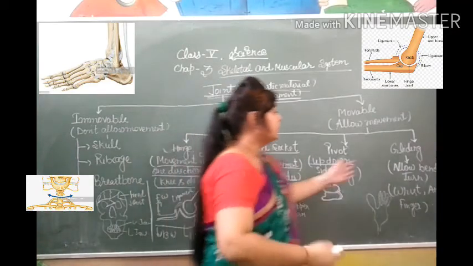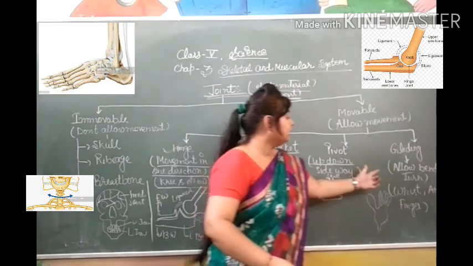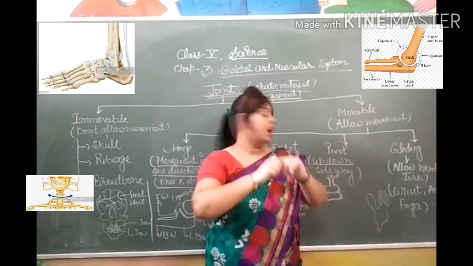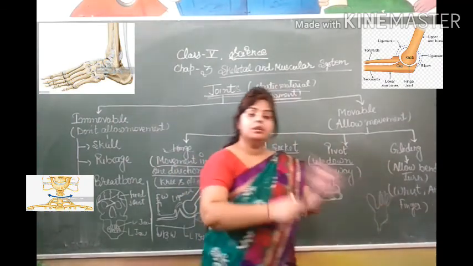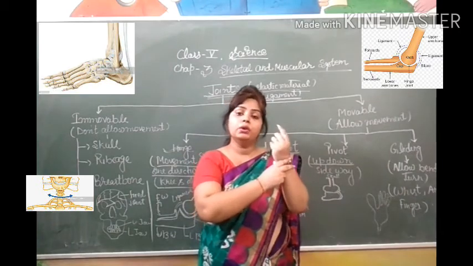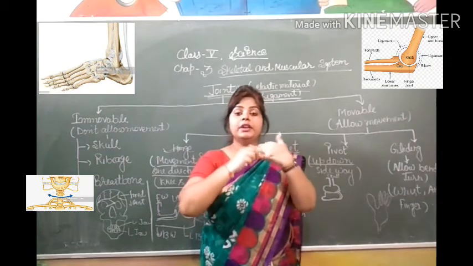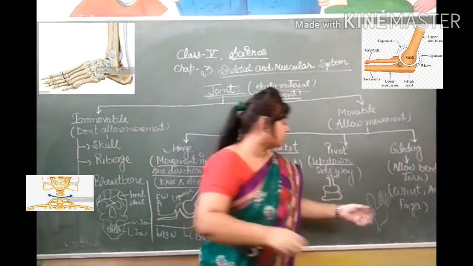Next one is gliding joint. Gliding allows only bend, twist and turn of the bones. It is present in wrist, ankle, fingers and our toes.